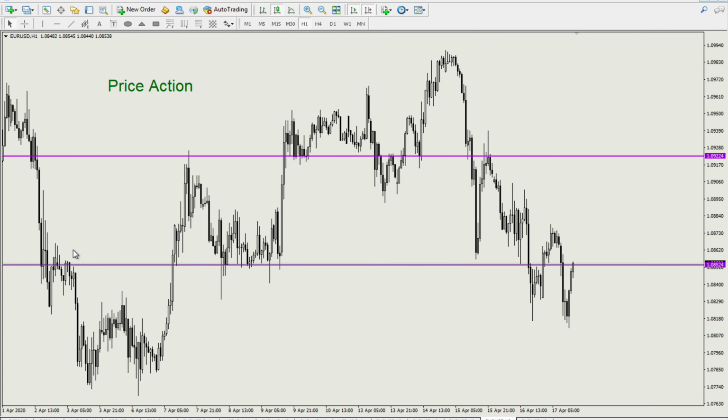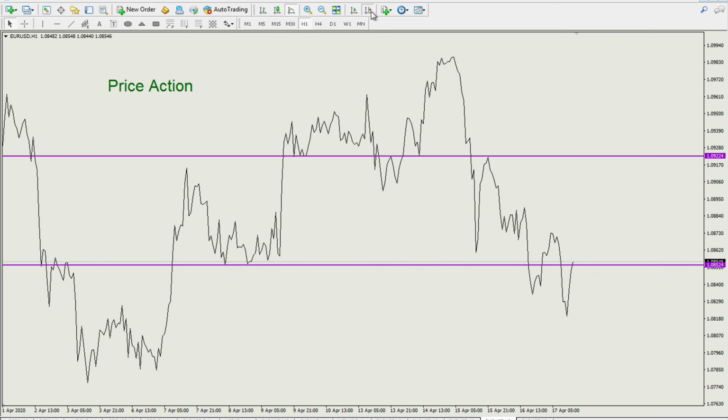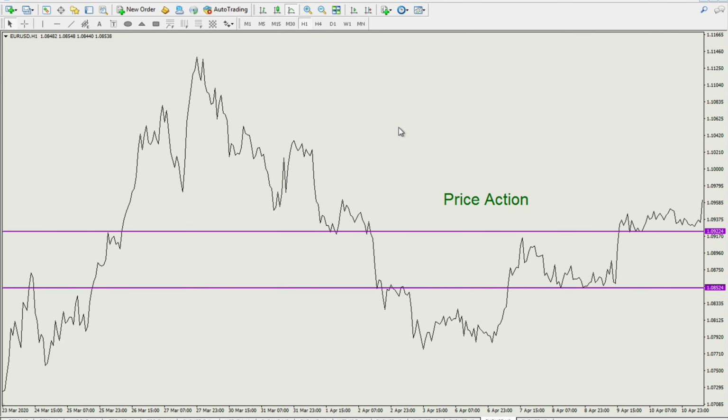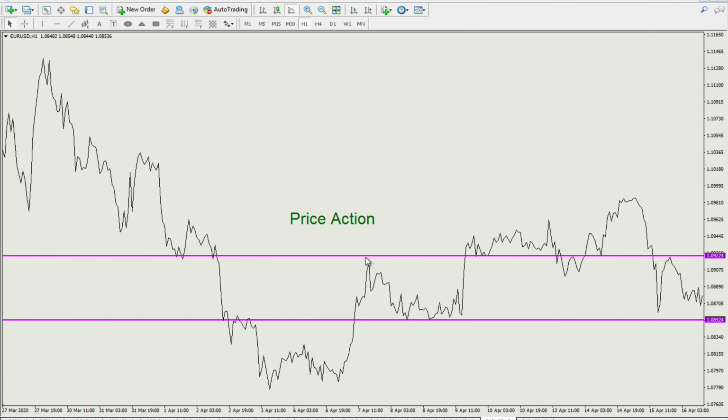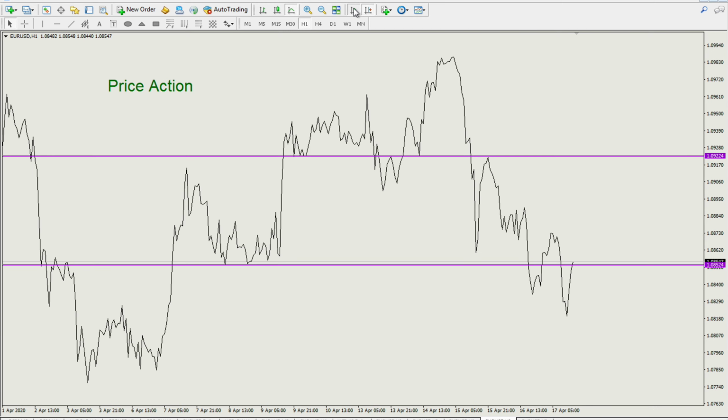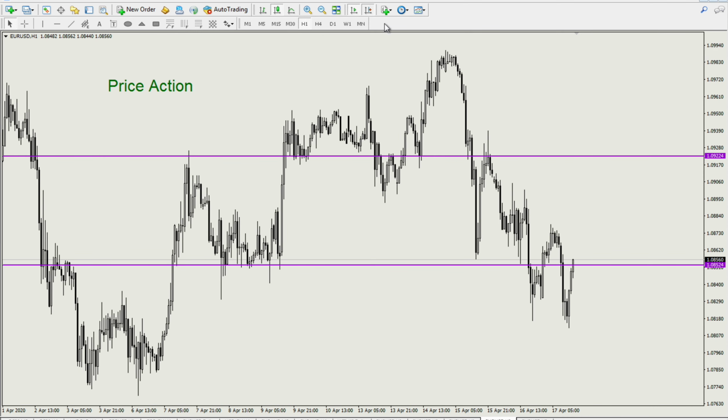And previously, as you can see, the same things were happening. Like 1, 2, 3, 4, 5, 6, 7, 8, 9, 10 reactions. So we know that this is something where markets should be reacting. So this is our main line.